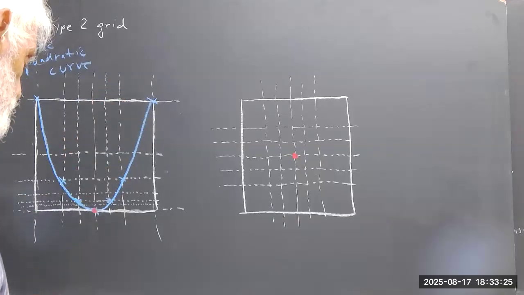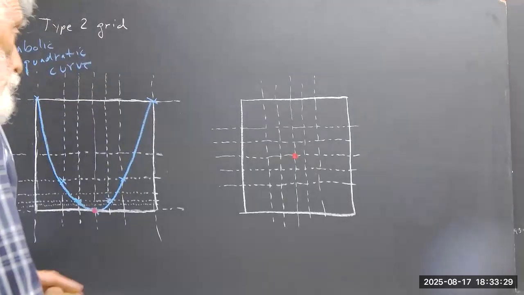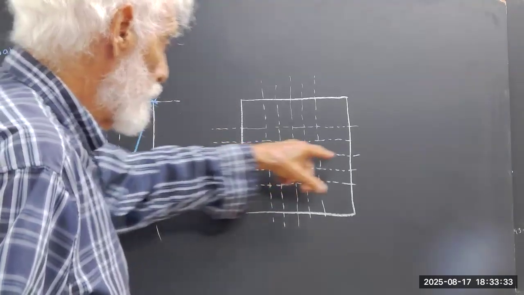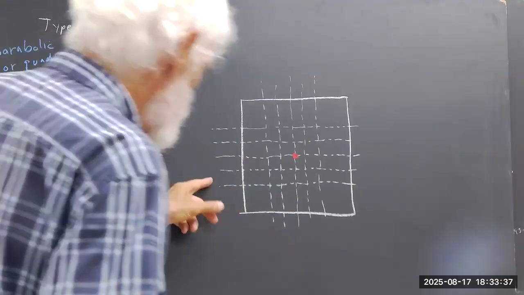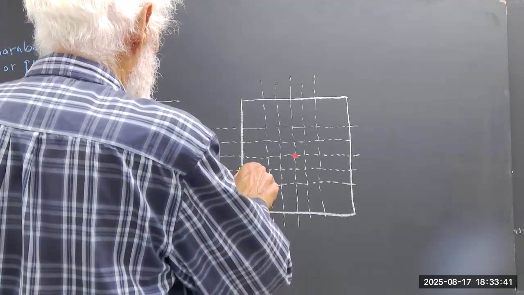Now that red dot just helps a little bit with locating points on the graph because you can see clearly where the center line is. And what we do is we start at the left edge on the line directly below the center line and we make a mark.